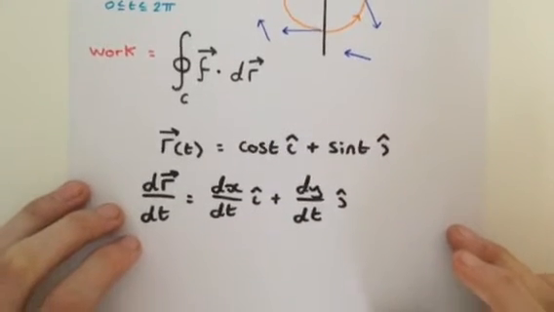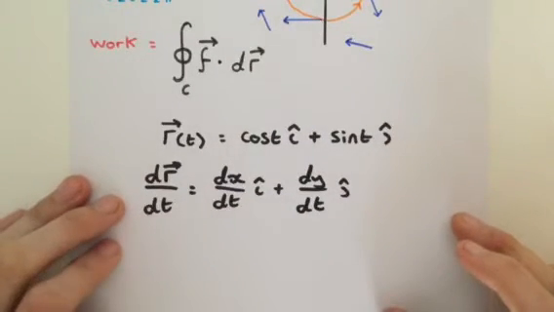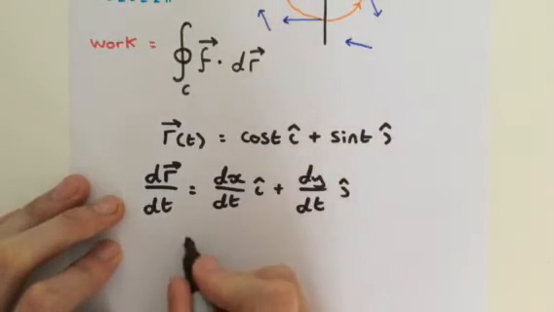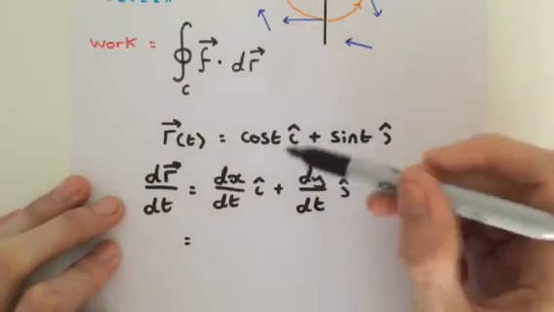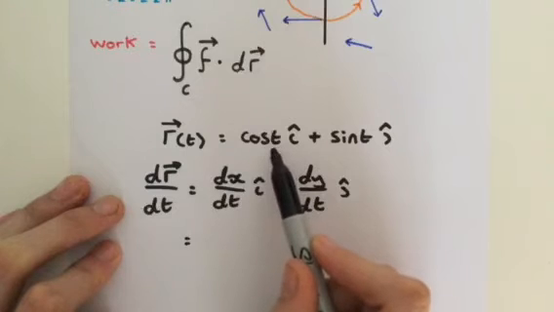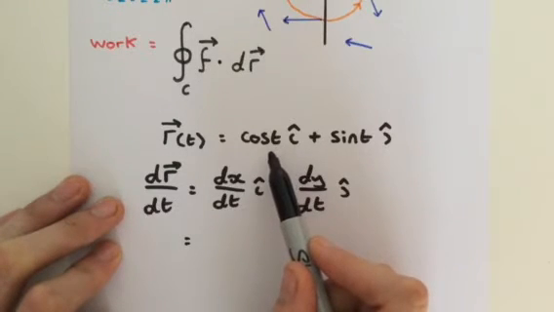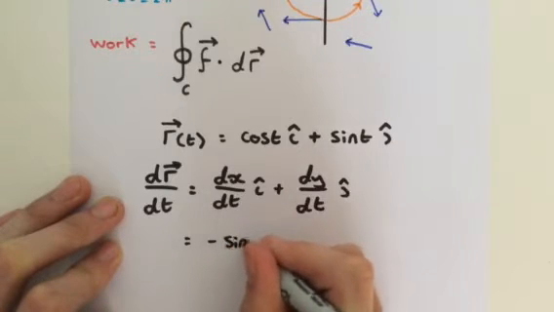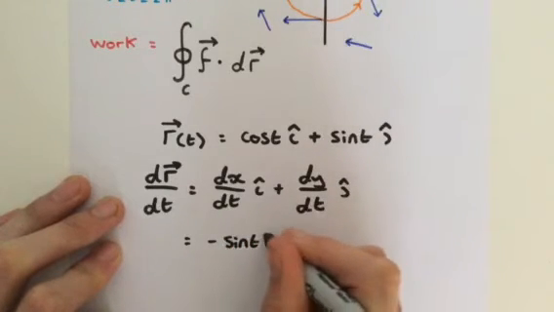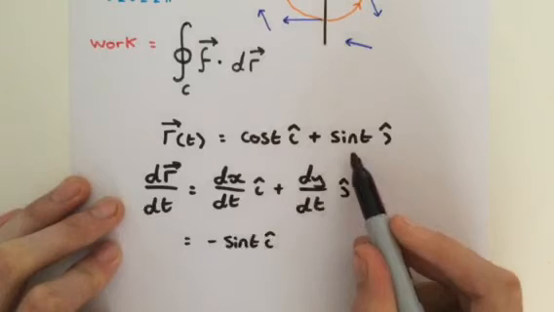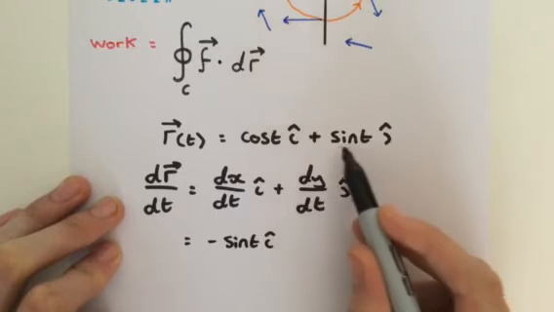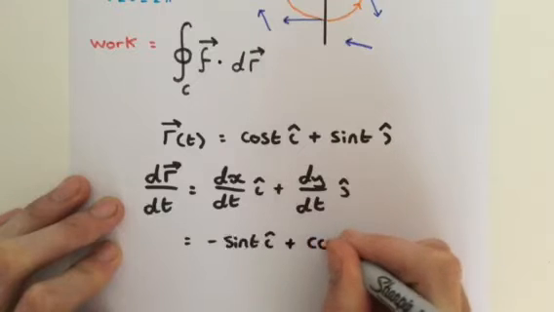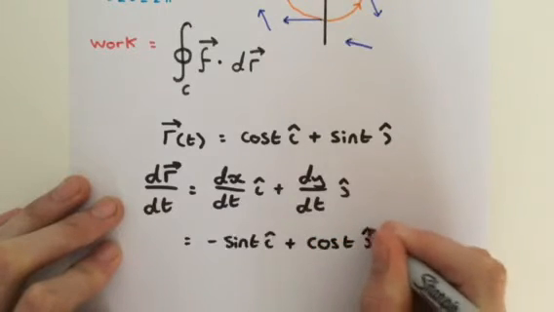So what is the derivative of x? Remember x is cosine t, the derivative of cosine t is minus sine t. So we get minus sine of t times i, and then we add the derivative of y with respect to t. The derivative of sine t is cosine t. So we add the cosine of t times j.